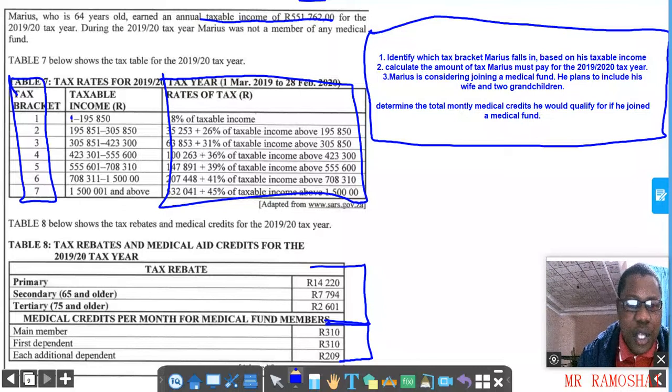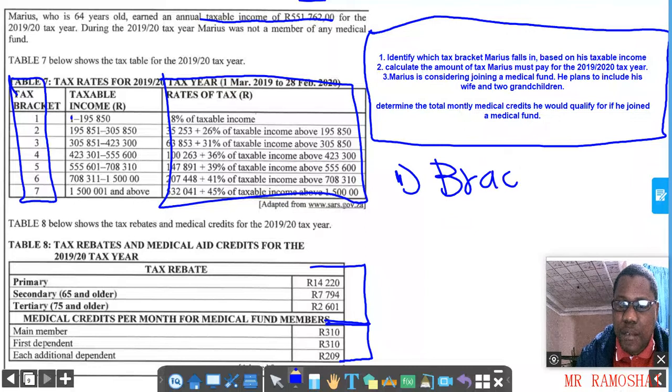No. Is it between 423 and 555? The answer is yes. This amount is more than this amount, but less than this. That means it's in between here. So our answer here, number 1, is going to be bracket 4.